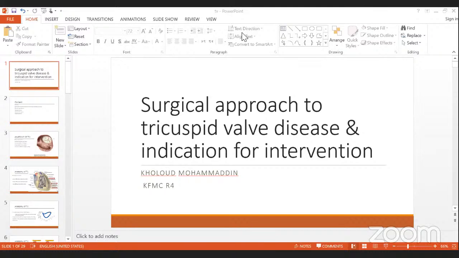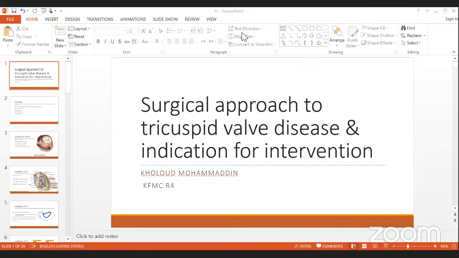So the trick, especially when you do replacement near the AV node, is to take it just maybe 1 millimeter. You need to be away from the annulus at that area, because you don't want to cause heart block. Sometimes even when you are not hitting the AV node, because of the pressure that occurs after the replacement, heart block can occur.